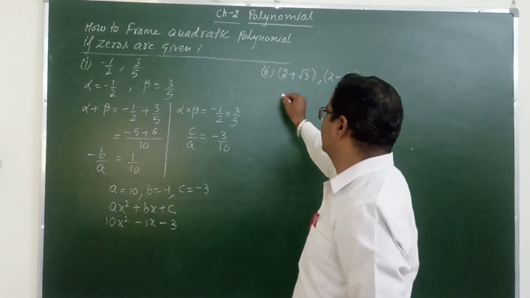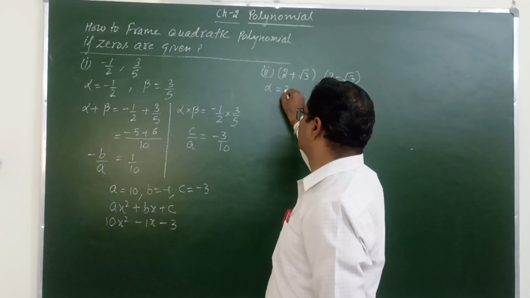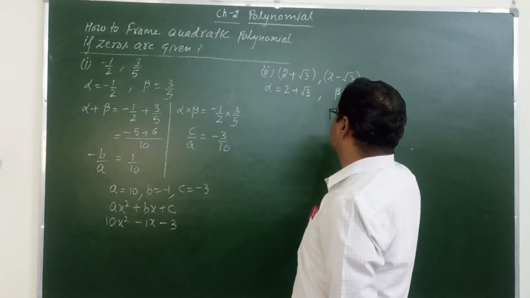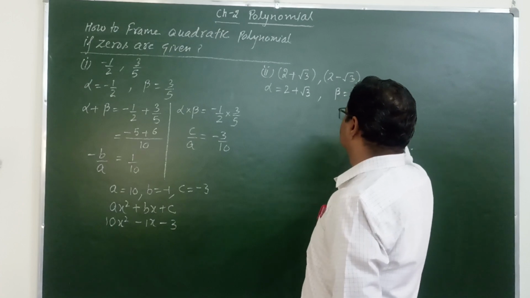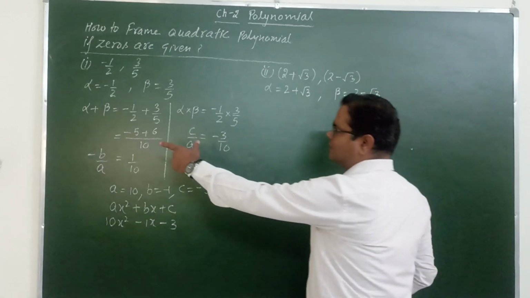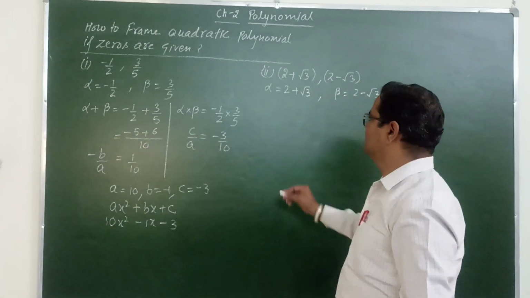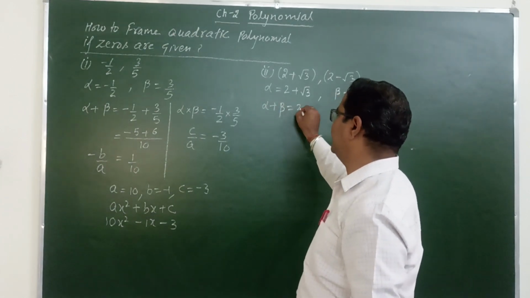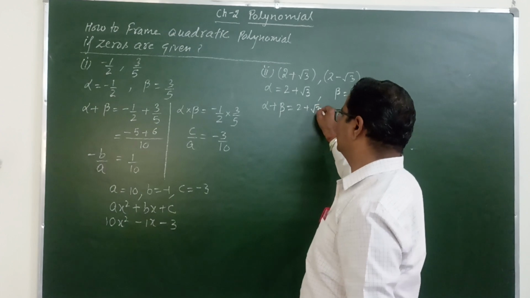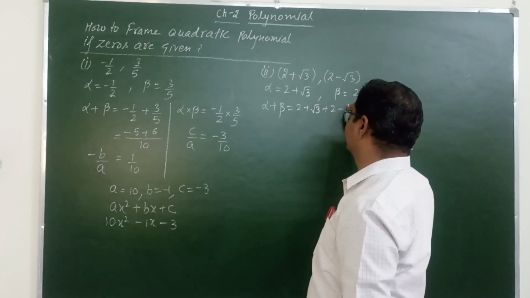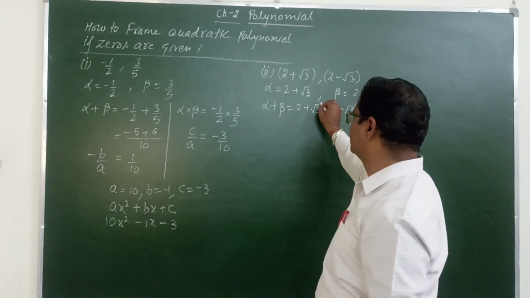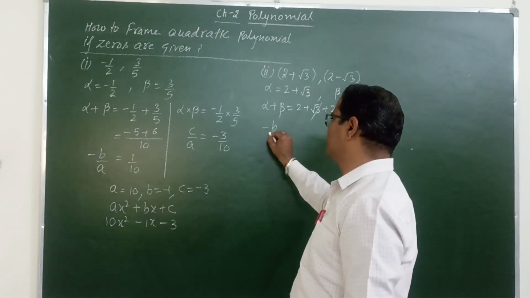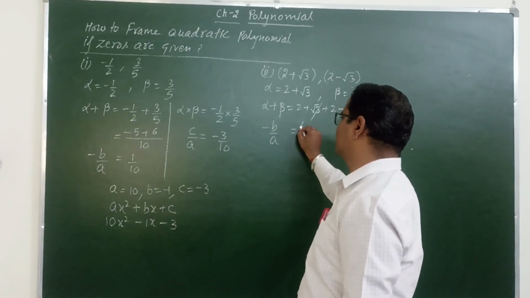First of all, one of them is alpha, 2 plus root 3, and beta is 2 minus root 3. What do we have to do first? We add them. Alpha plus beta, 2 plus root 3 and 2 minus root 3. By adding, root 3 will be cancelled. So alpha plus beta is minus b upon a, which is 4 over 1.